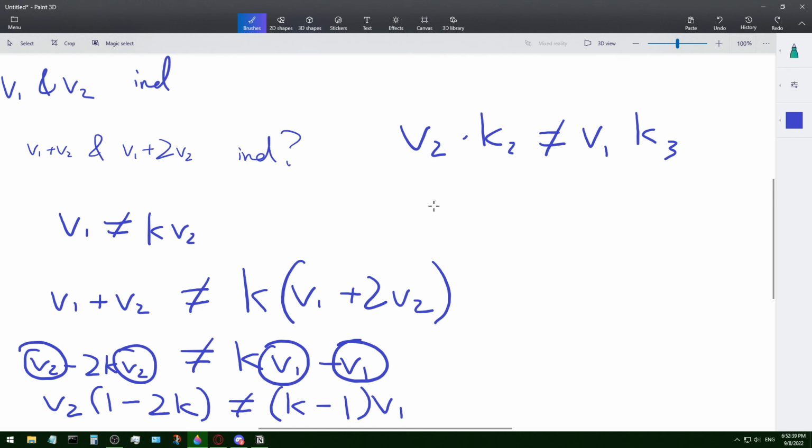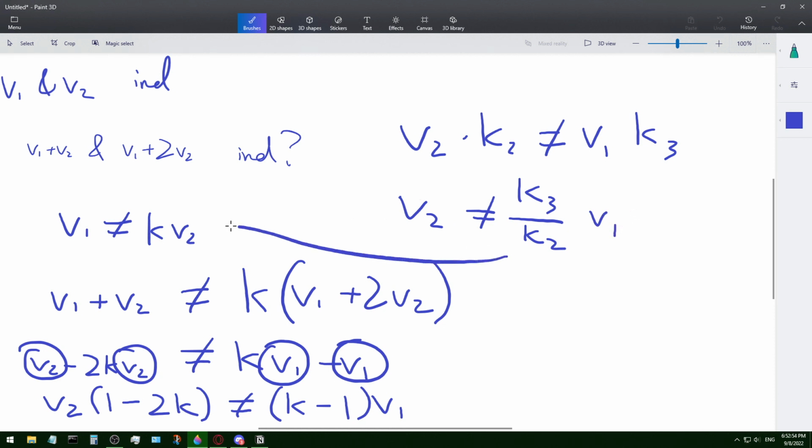So that means v2 does not equal, let's just move k2 to the other side, k3 over k2 times v1. So this really does look familiar, right? But the problem is we have k3 over k2 instead of just k.